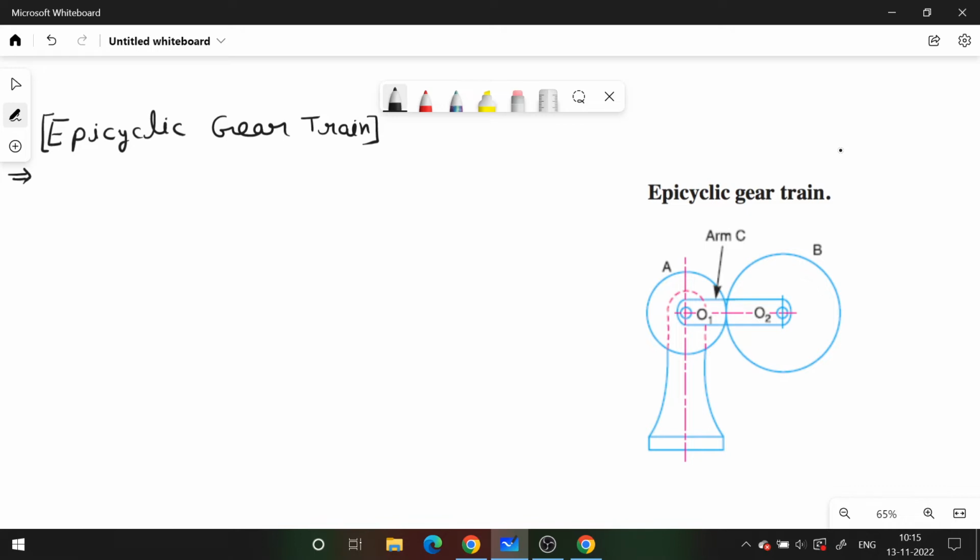O1 and O2 are attached with an arm, and in this type of gear train, if gear A rotates about its center, then gear B rotates about its own center O2, and gear B will also rotate along the circumference of gear A by the arm C. So this type of gear train is known as an epicyclic gear train.